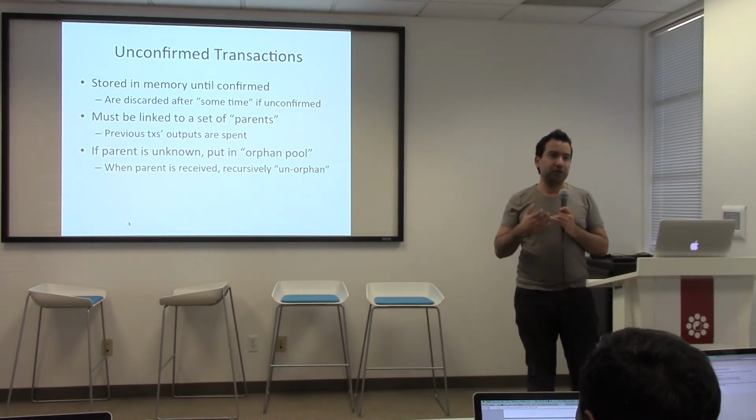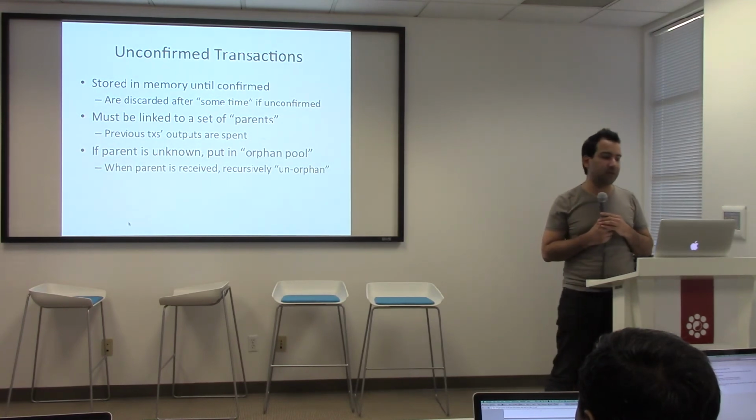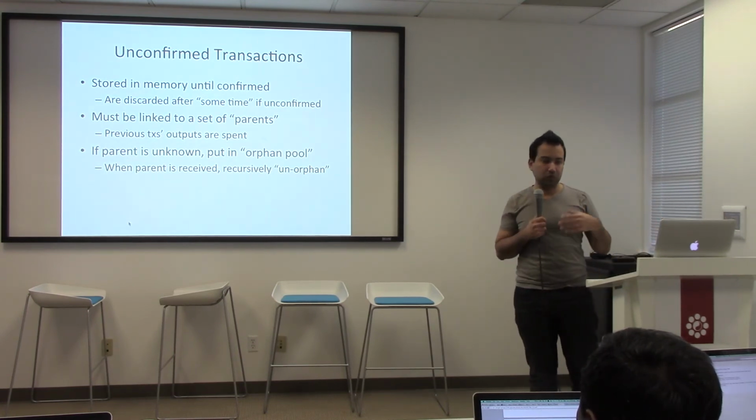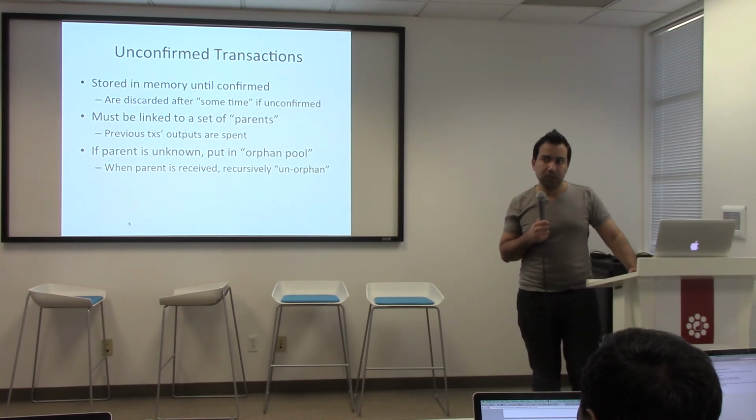When in the future you do receive the transaction whose outputs were being spent, which is the parent transaction, you can remove this transaction from the orphan pool, and you can put it back in the main pool where it belongs. Right, and you can do this recursively through the orphan pool.